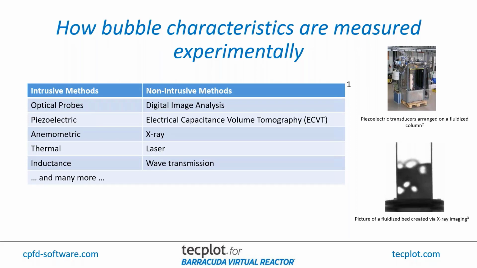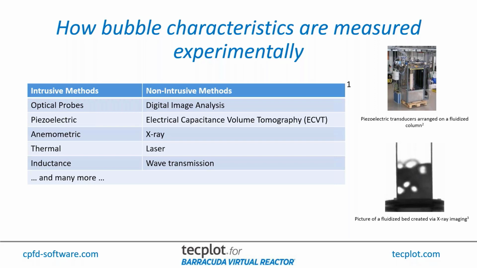Scientists and engineers have developed many experimental methods for measuring the characteristics of bubbles in fluidized beds. This table lists a number of well-known intrusive and non-intrusive methods, but it's by no means a comprehensive list. Each method has strengths as well as shortcomings. The intrusive methods shown in the left column of the table usually involve placing instrumentation inside the fluidized bed.